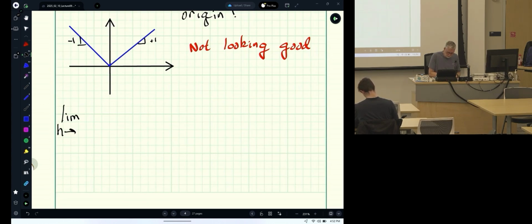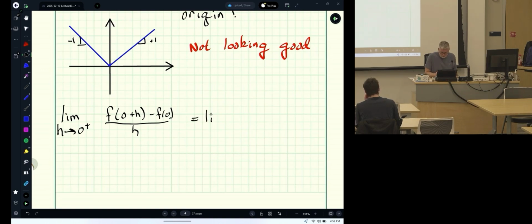So this is where it's worth taking the limits from the left and from the right. We're taking x0 equals 0. When h is positive, f of 0 plus h is just h.